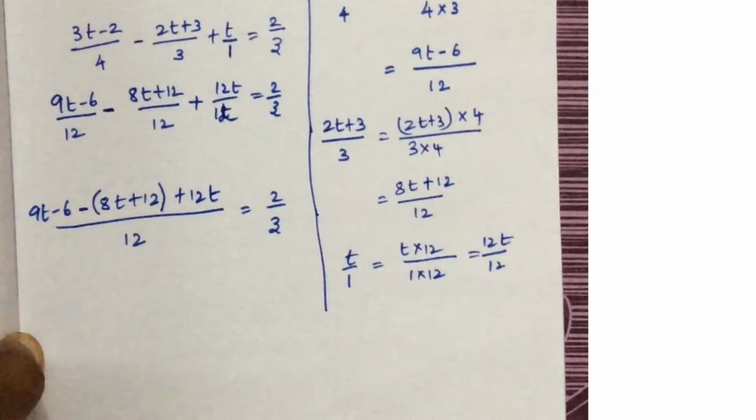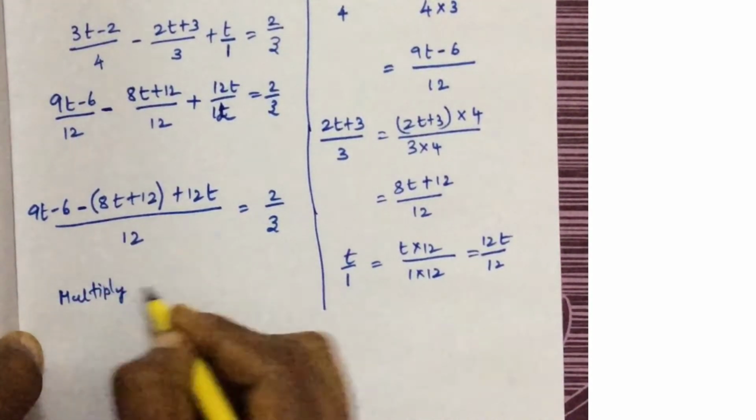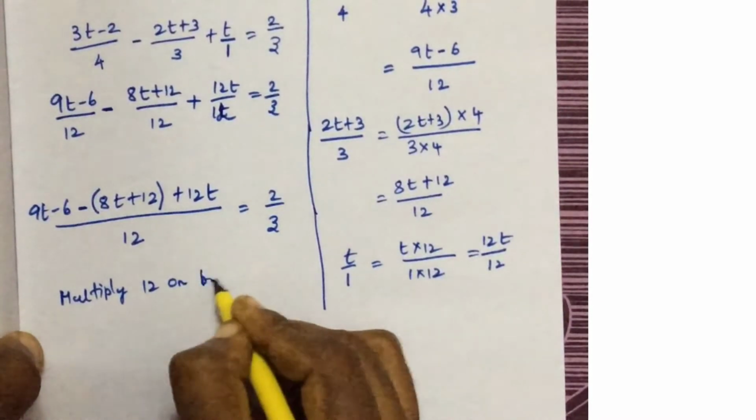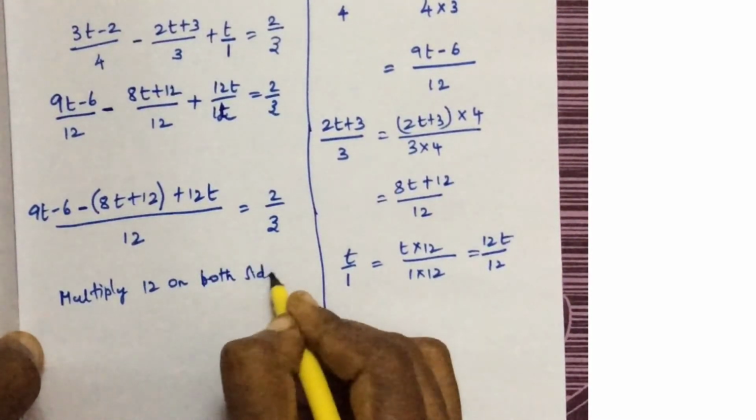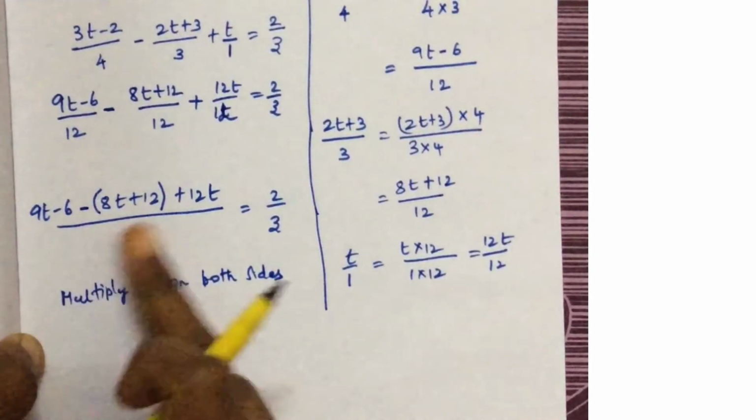Now, what I am going to do is multiply 12 on both sides. If I multiply by 12 here, this 12 will get cancelled.